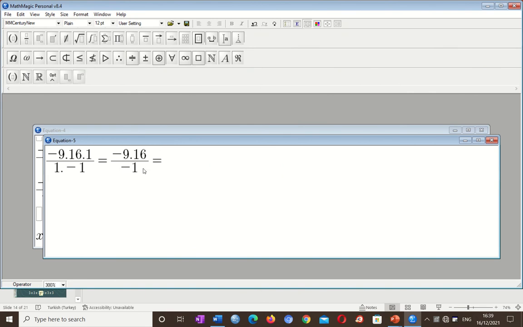This is also plus, minus is plus. Yes, what is this result? Calculate it. What is 9 multiplied by 16? 144. That's good. Thank you very much.